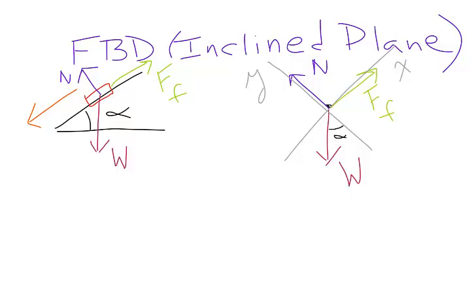Getting into the math of things is now a little bit complicated. So the next step on all of these is to separate the x and the y components, okay, according to this diagram here.